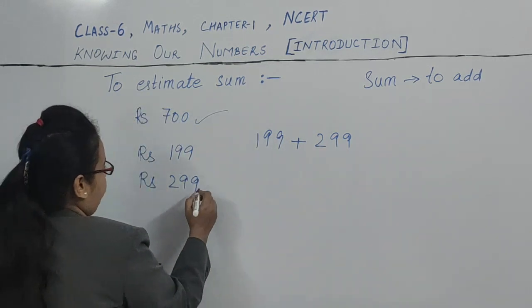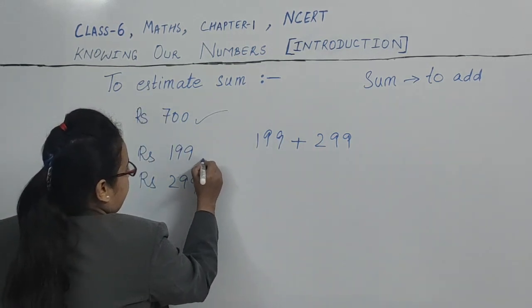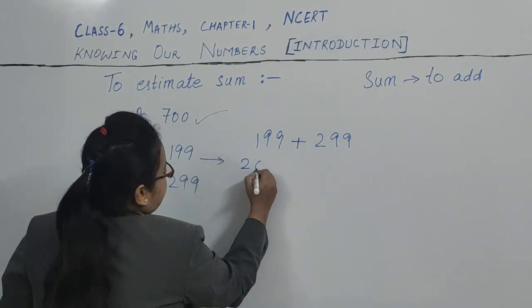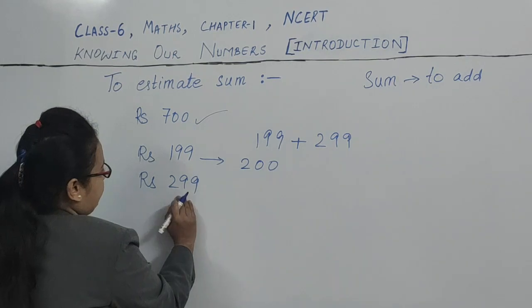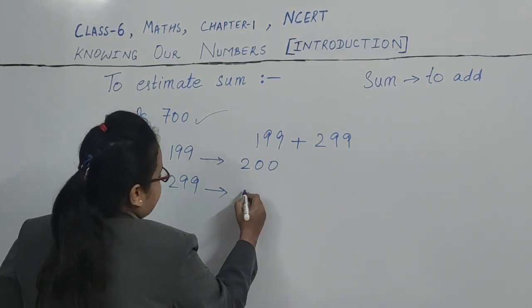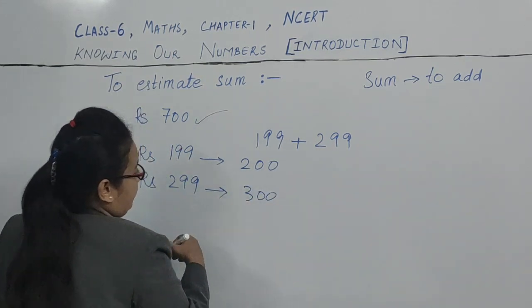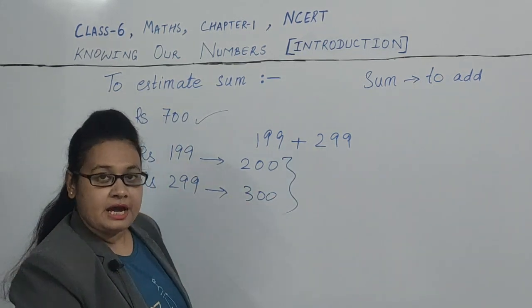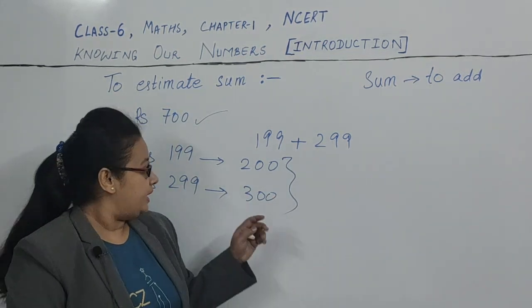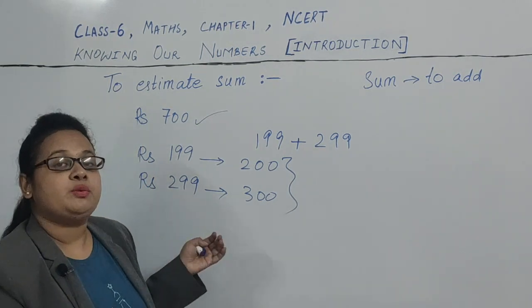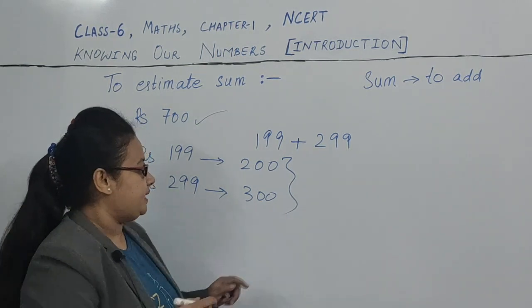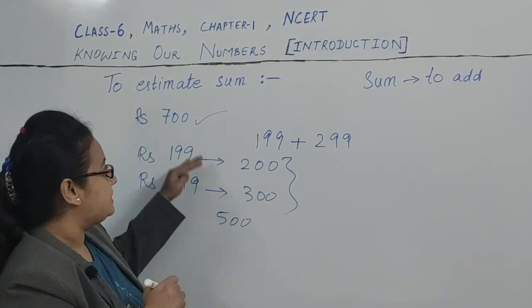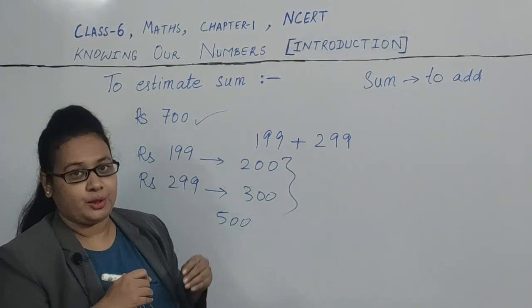So you will estimate 199 as 200 and 299 as 300. Now you can quickly add this: 200 plus 300 is 500. So you got that the two items you selected cost rupees 500, and you can easily take 200 rupees back home.